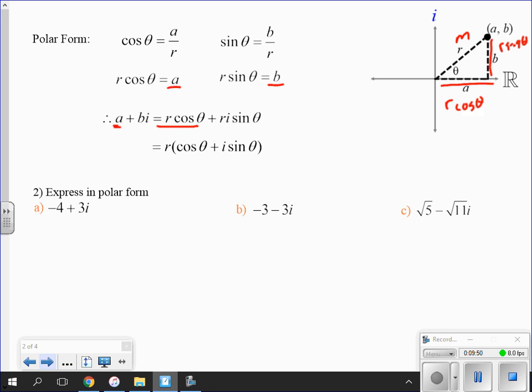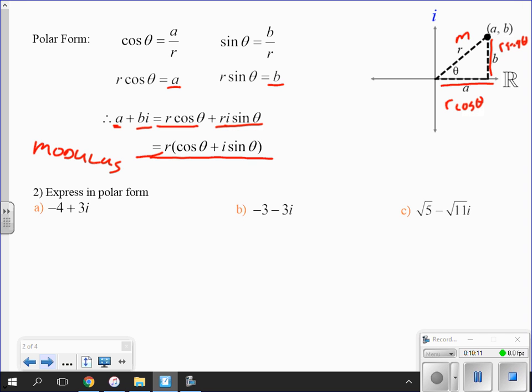B is equal to R sine theta. This is BI, so I have to have the I in there. And we pull out the R. This is our polar coordinate, where R in this case is the modulus. Yeah, that's the form.